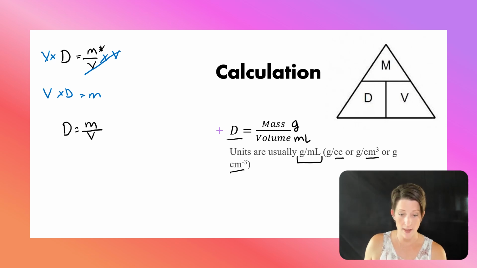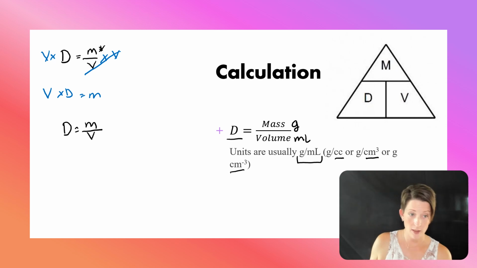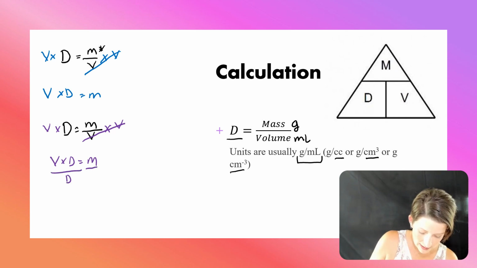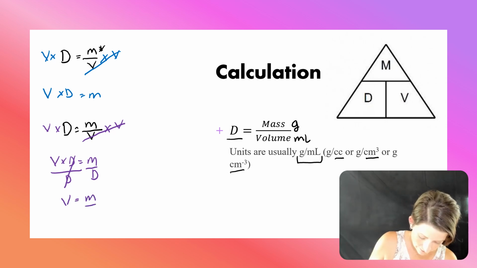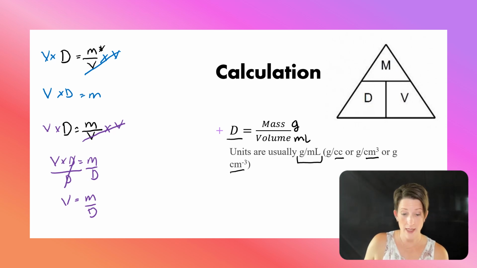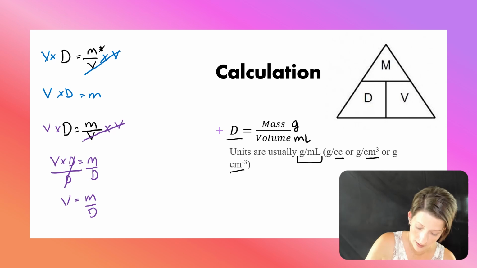So I'm going to start with what I did above and get that volume up into the numerator position. So now I have volume times density equals mass. This now allows me to divide by density to get volume by itself. Here you have three separate calculations for solving the three different variables in density.